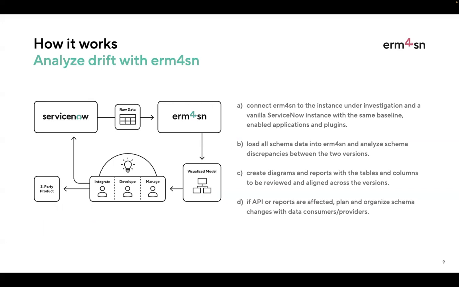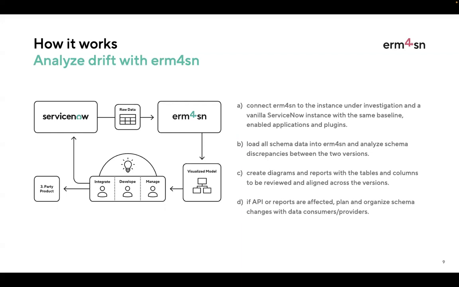And one can then easily compare this with another version of ServiceNow. And this other version can be a vanilla ServiceNow version. So it depends on what version your ServiceNow instance is. We need a corresponding instance to compare with.